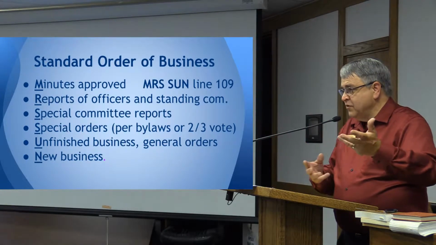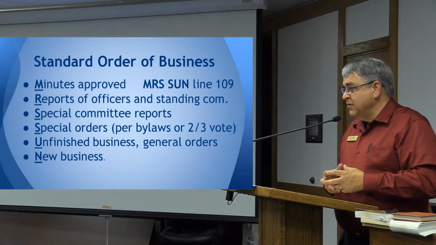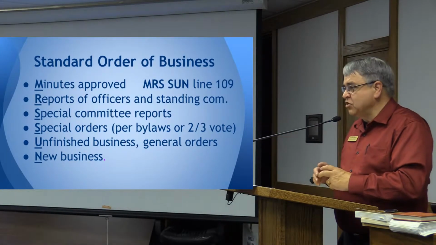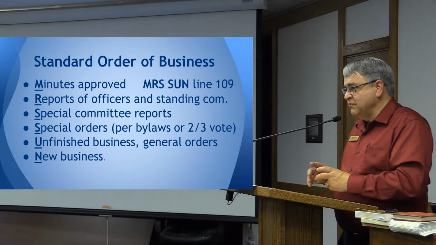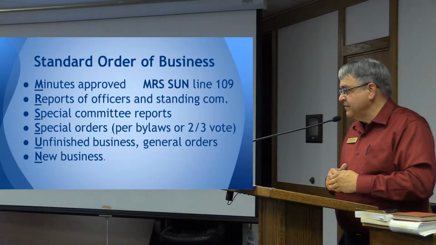But if the assembly decides to have this business scheduled for this meeting, it would be a general order. But if they want to give priority attention to some of those items by a 2/3 vote, they can make it a special order, and it comes before the general orders.